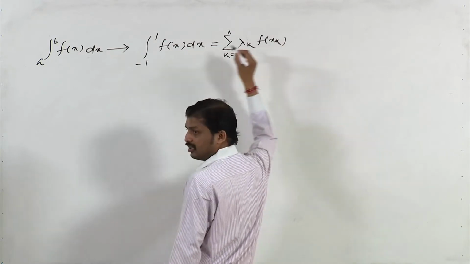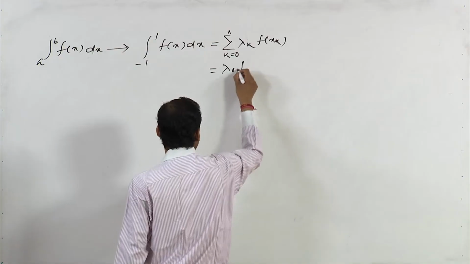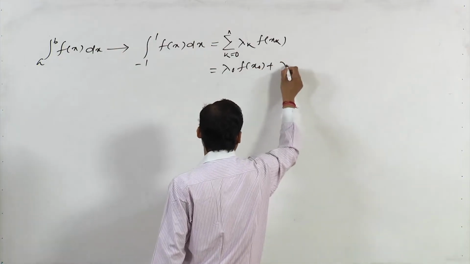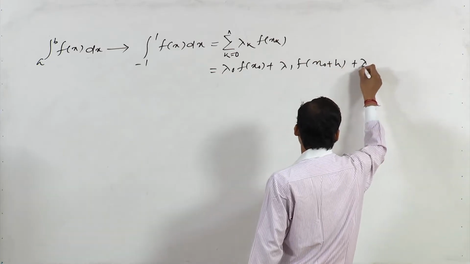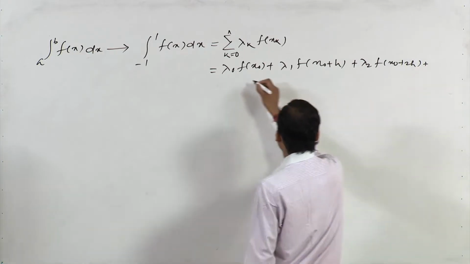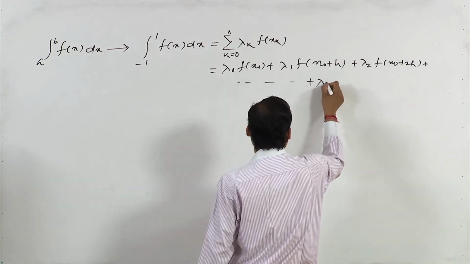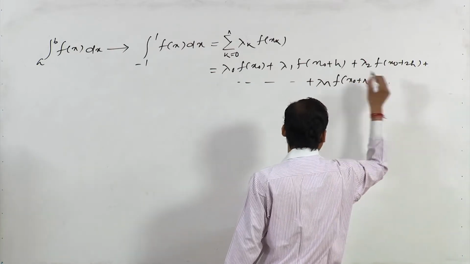Or it can be represented as lambda 0 f of x 0 plus lambda 1 f of x 0 plus h, lambda 2 f of x 0 plus 2h, plus up to lambda n f of x 0 plus nh.